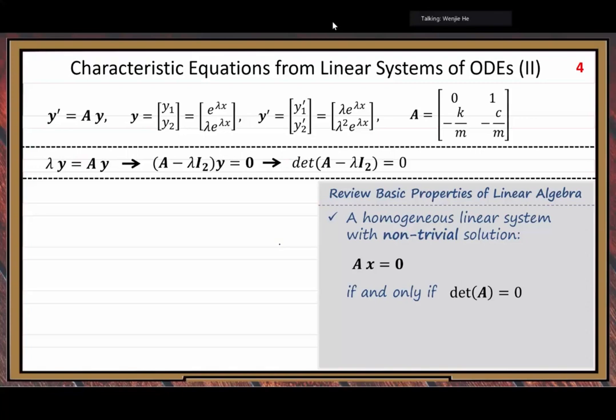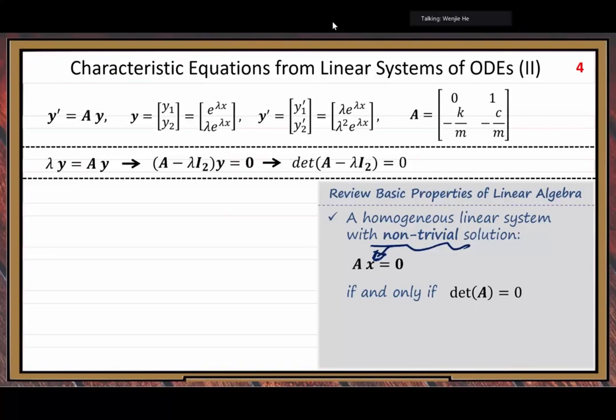When we write this, we must emphasize we only consider the non-trivial solution for x, if and only if the determinant equals 0. And here, the size of A could be any size, n by n.